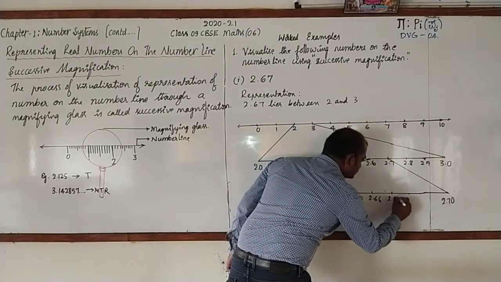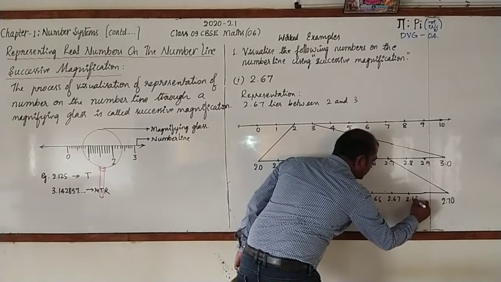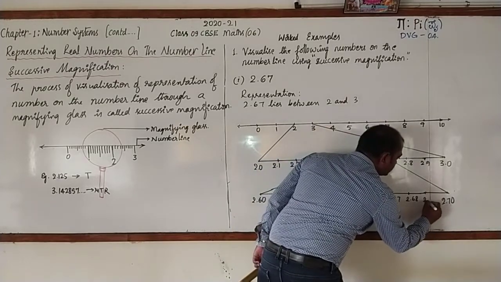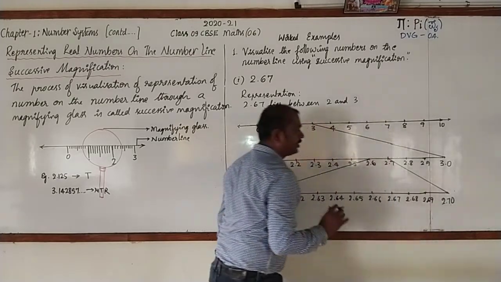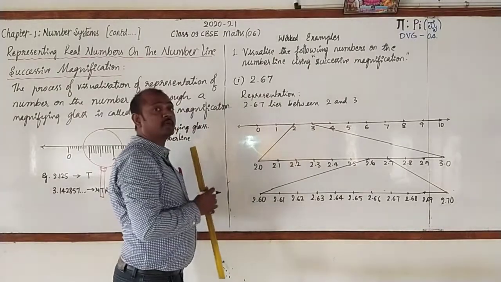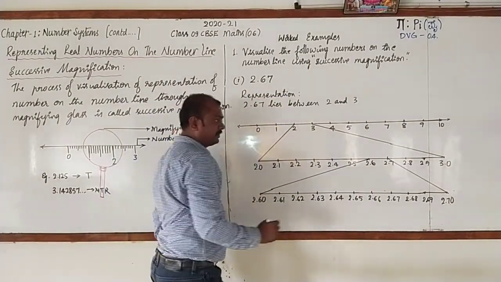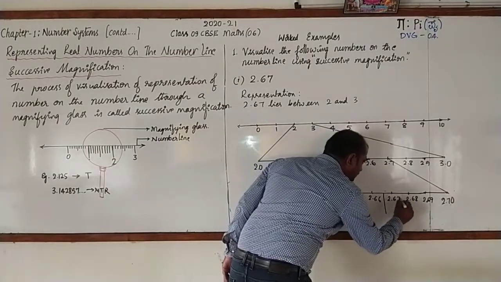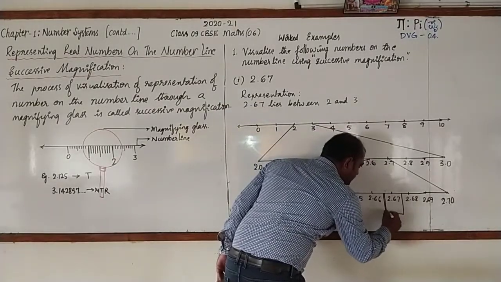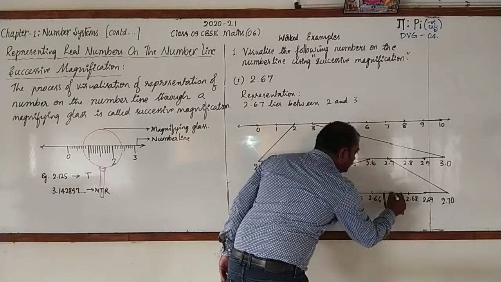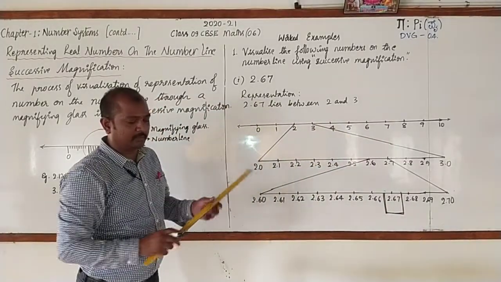This is 2.67, 2.68. This is 2.69. Got it? But which number are we going to represent on the number line? Yes, it is 2.67. I am going to take that part. See, I am highlighting it. This is the point which we have represented on the number line.